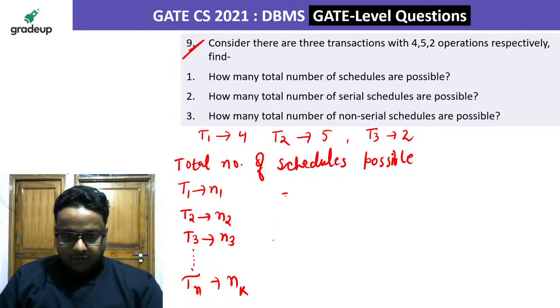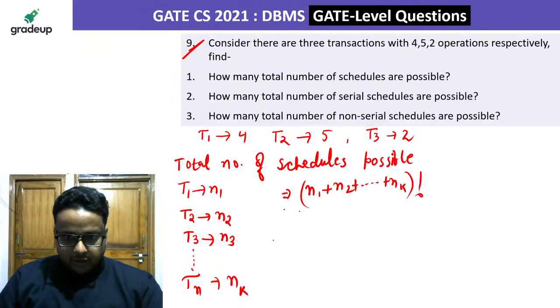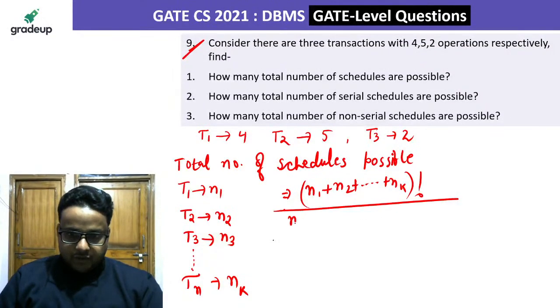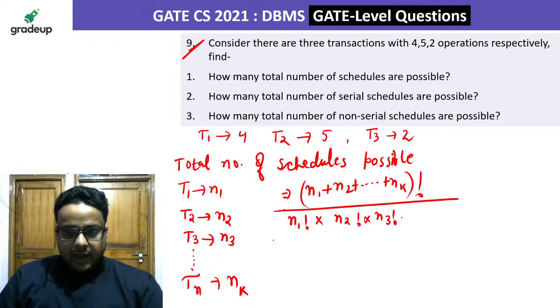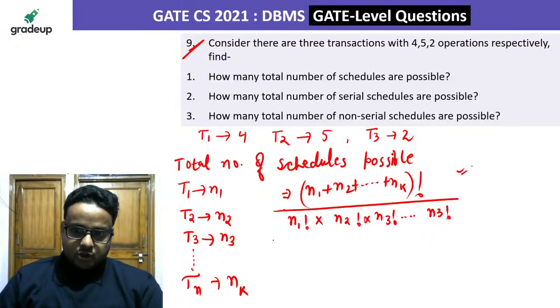So the formula will be (N1 plus N2 plus ... plus Nk) all factorial, divided by N1 factorial into N2 factorial into N3 factorial and so on. This is the formula which you should remember.